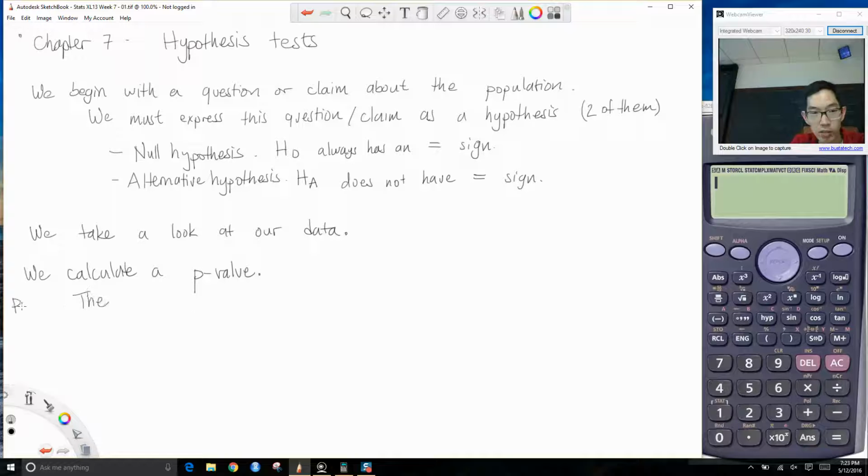So I'll say our p-value is equal to the probability of our data resulting from pure chance, and I have to throw in this phrase, or something more extreme.